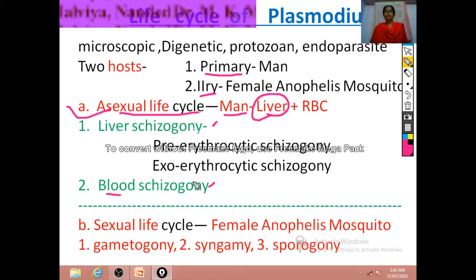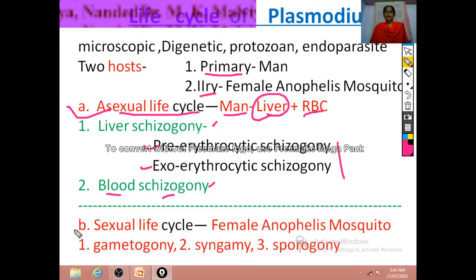And blood schizogony occurs in the RBC, the blood cell of man. Again, liver schizogony is divided into two types: pre-erythrocytic schizogony and exo-erythrocytic schizogony. Let me explain this with the help of a diagram in a later slide.